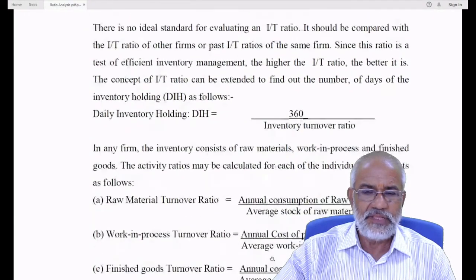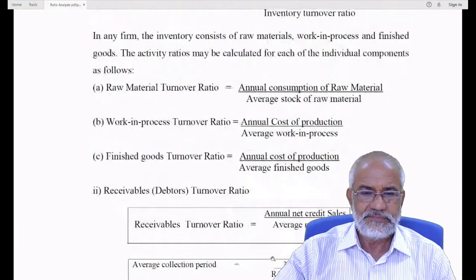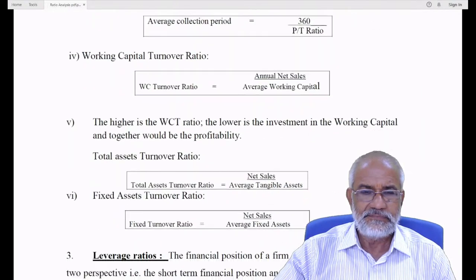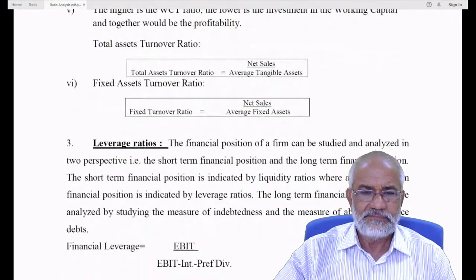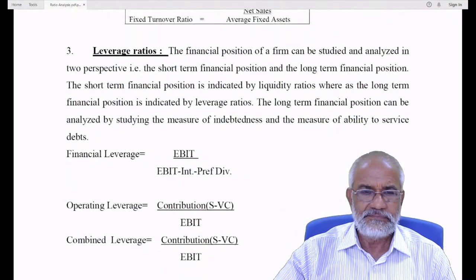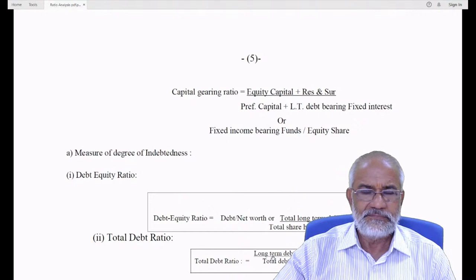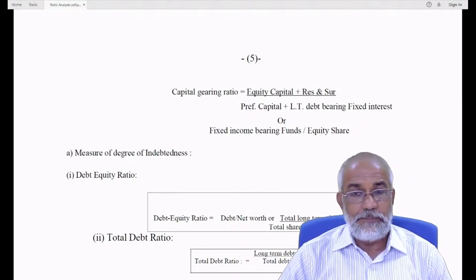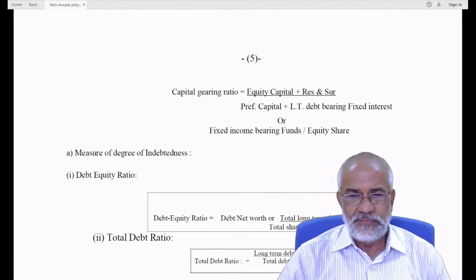Under the leverage category, the first ratio to be computed is the capital gearing ratio.